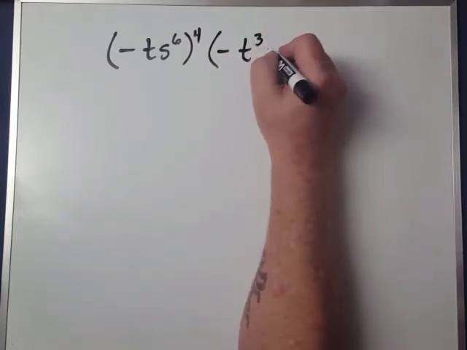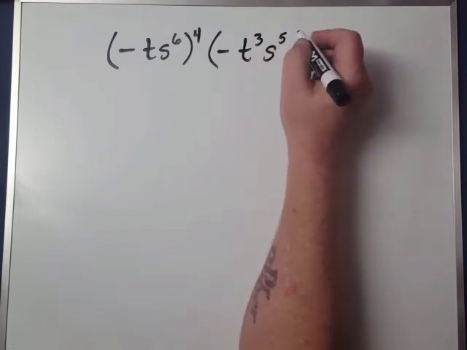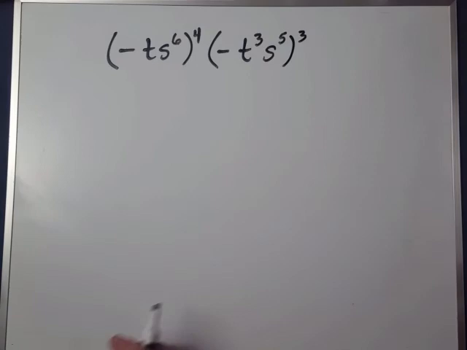Similar to the previous problem. We've got some negatives running around, and those negatives are participating as part of the base in each case.